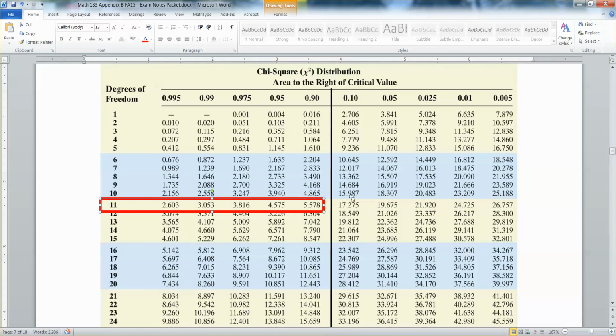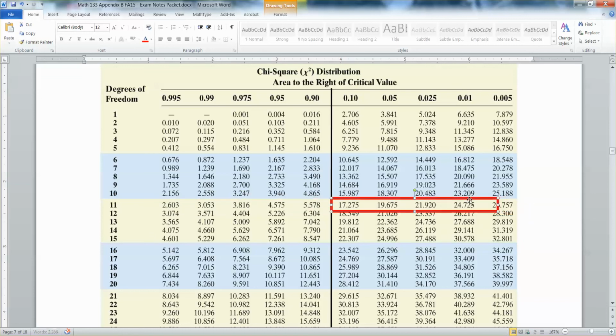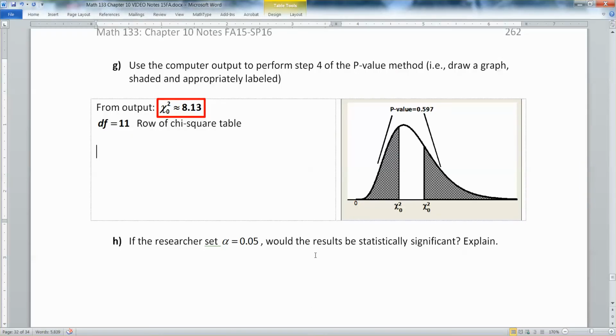So you're kind of looking at the table and that row for your degrees of freedom and trying to figure out, is the test statistic I found more one of these numbers on the left of that bar down the center, or is it more one of these ones on the right? Since 8 is closer to 5, that means it's the one on the left. And don't forget that even though the graph is skewed right, that line is still an x-axis on the bottom.